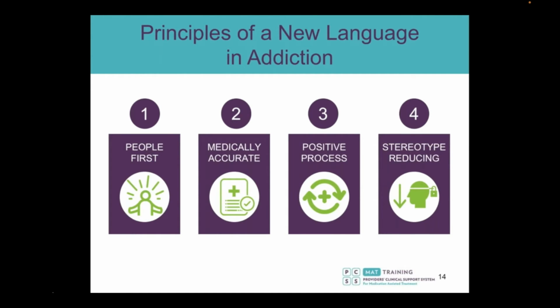We want to talk about someone continuing to find their motivation to change, as opposed to a resistant person. It's more positive, and actually the evidence suggests that people are more likely to change if we use these terms. And overall, using terms like opioid use disorder, even if it confuses your patient at first a little bit and it requires some education, using those terms reduces stereotypes.